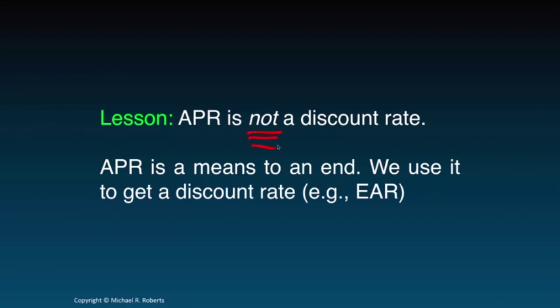It's a means to an end. It's a quoting convention. We're going to use APRs in conjunction with compounding frequency information to get at an EAR, or at a periodic discount rate, which I'll introduce in just a moment. So remember, EAR equals discount rate. APR equals quote.